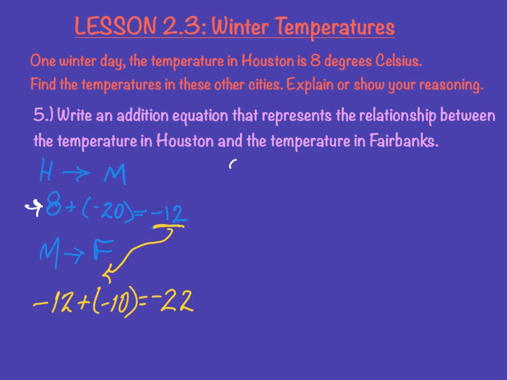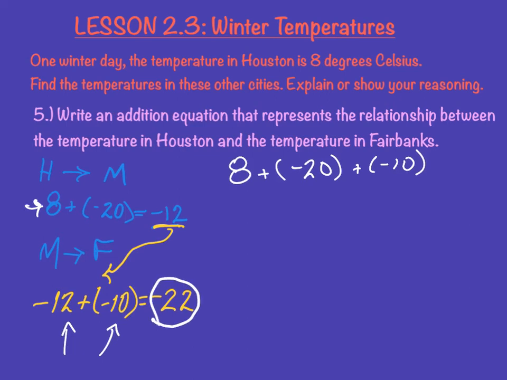If I remember, that was 8 plus negative 20. Then I took the answer from that, negative 12, and added negative 10. And I should end with this answer here of negative 22. So I do have two choices as to how I go about this.